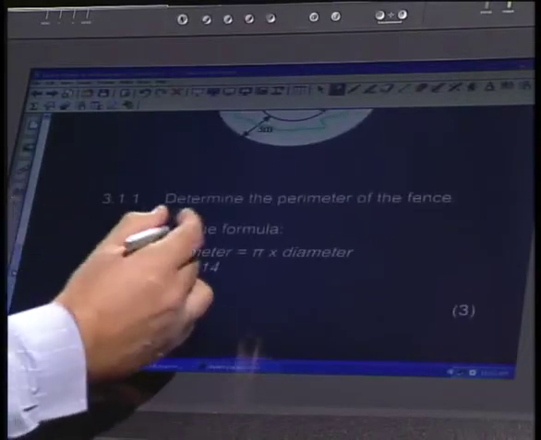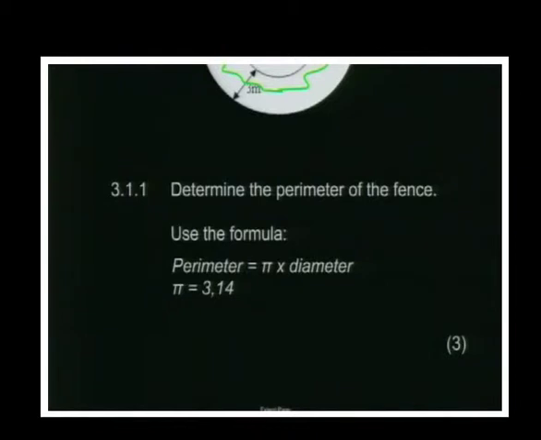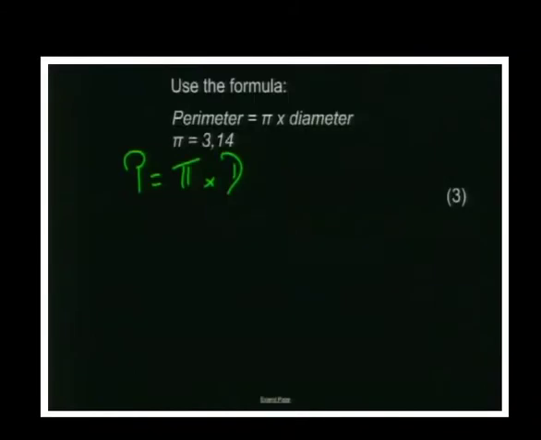Again, use the formula. Got to use the formula. Perimeter equals pi times the diameter. So pi, again, we have to use 3,14. Why? Because the examiner tells us to, and we've got to listen to this guy.